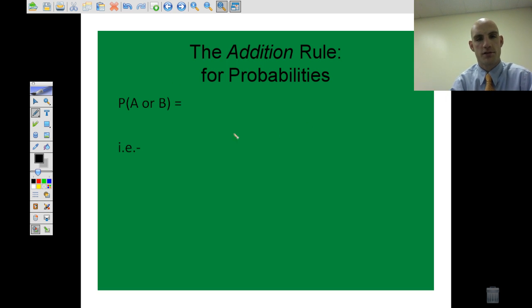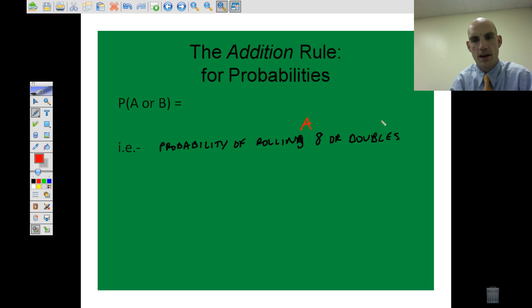So far we've talked about mutually exclusive events, but let's think about something that wasn't mutually exclusive. So for example, let's say the probability of rolling 8 or doubles. Okay, so let's list the probability of rolling an 8 or double.